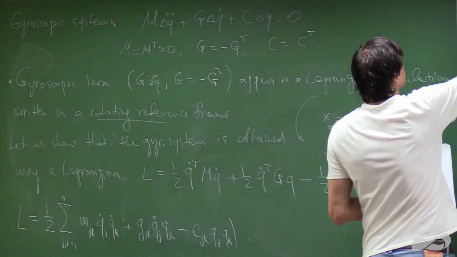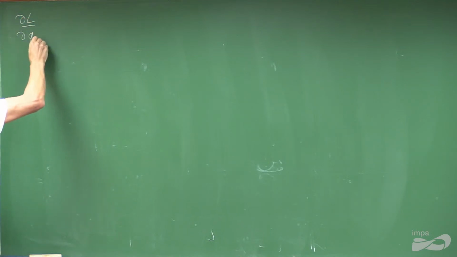So we need to write Euler-Lagrange equations, so let's remember how we do it. So how you take a derivative with respect to velocity. It will appear here when j equals i, it will appear here when k equals i, and it also appears here when j equals i.